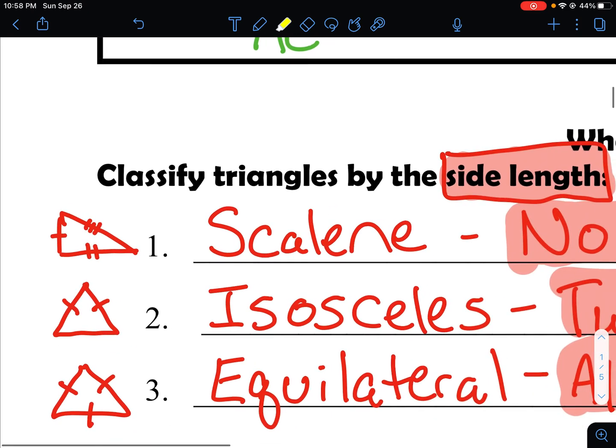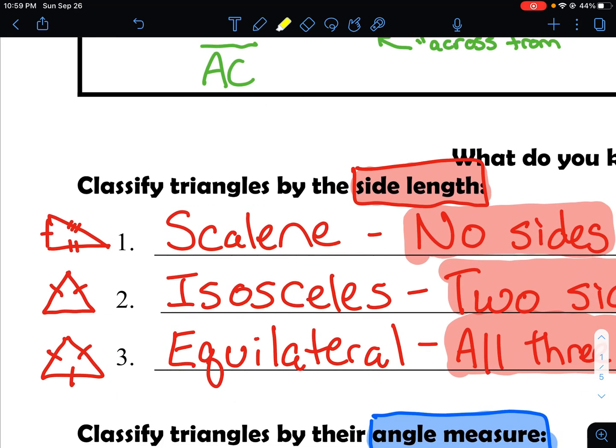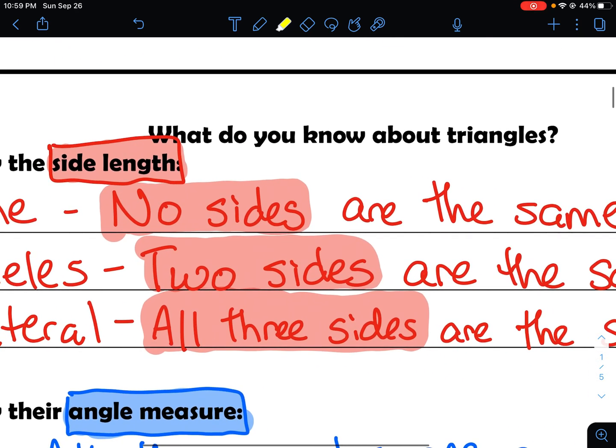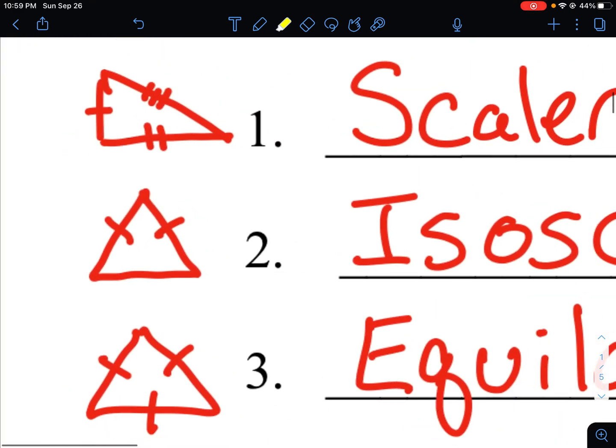Okay. The second way we can classify a triangle based on its sides is to say that it is isosceles. Now, an isosceles triangle has 2 out of the 3 sides that are the same length. Okay, so this side here and this side here are the same, but that third side is different. Okay, so scalene, none are the same. Isosceles, 2 are the same.